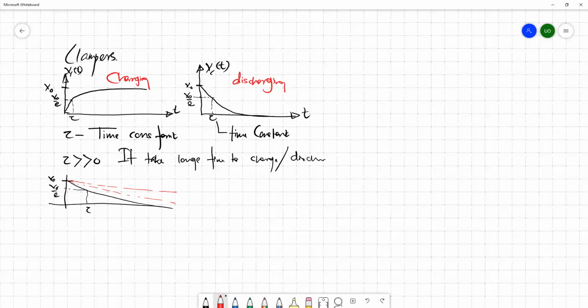So ideally, if this tau goes to infinity, what happens? We can claim that the stored voltage remains as it is, and this capacitor never discharges.